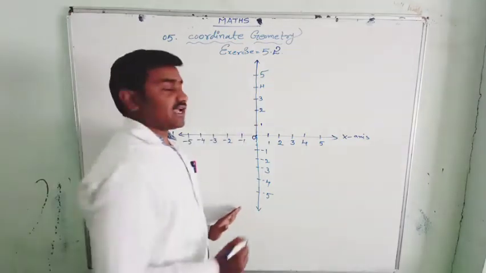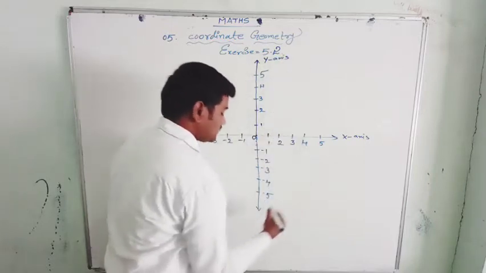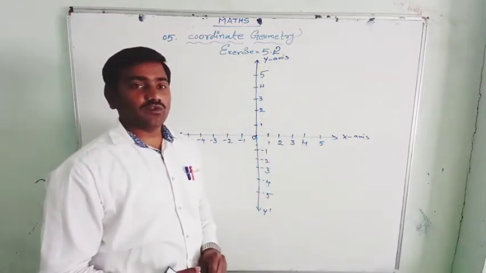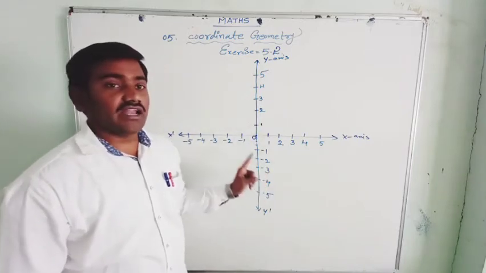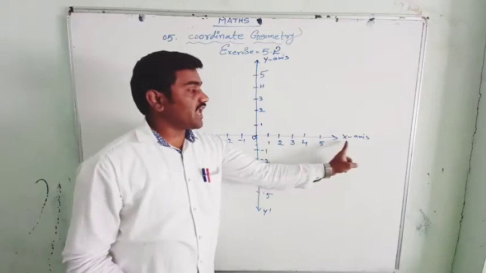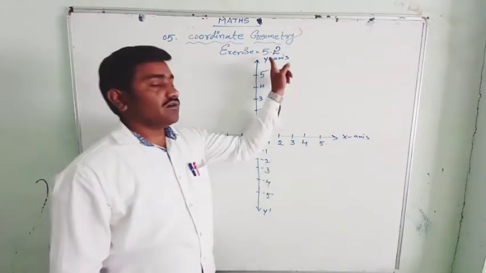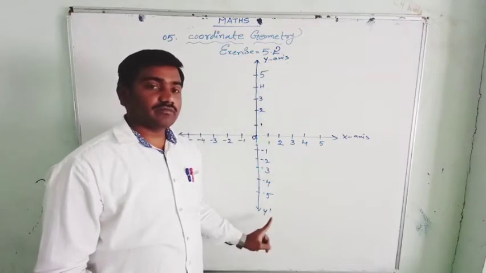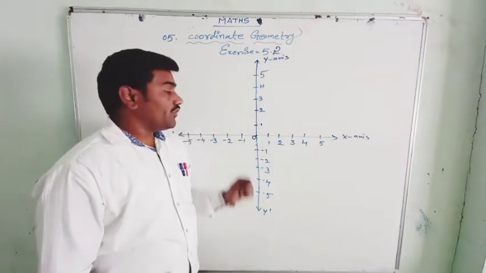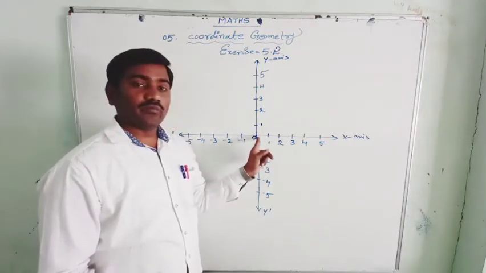The vertical axis is known as the y-axis, and the negative side is y dash. So we have two axes intersecting each other perpendicularly at 0. The horizontal line is known as the x-axis and x dash, and the vertical line is known as the y-axis and y dash.